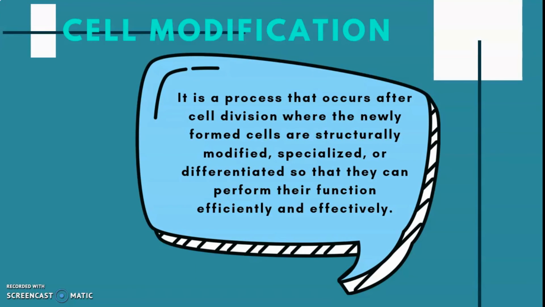Cell specialization, modification, or differentiation is a process that occurs after cell division where the newly formed cells are structurally modified so that they can perform their function efficiently and effectively. Examples of cells that undergo cell modification will be given later.